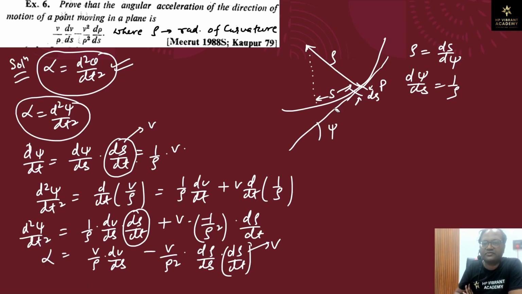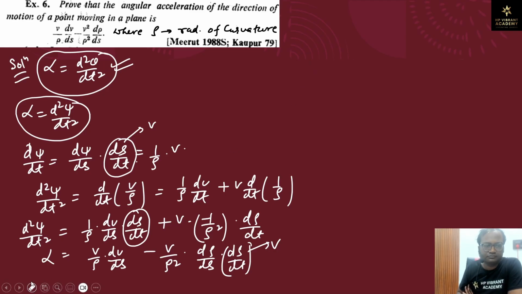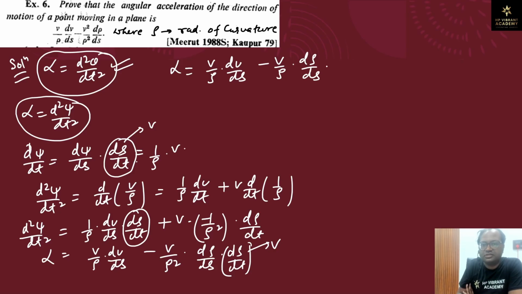Let us further simplify this. So we have alpha is equal to v upon rho into dv upon ds, minus v upon rho square into d rho upon ds into ds upon dt, and ds upon dt is v.